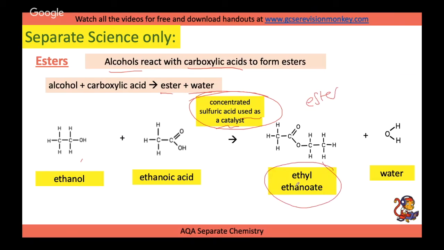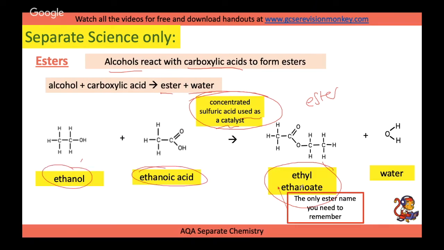Now, this is the only ester that you will have to remember the name of, ethyl ethanoate, made from ethanol and ethanoic acid. You won't have to remember other ones apart from that. They may talk about them in the exam, but this is the only one that you would have to recall.